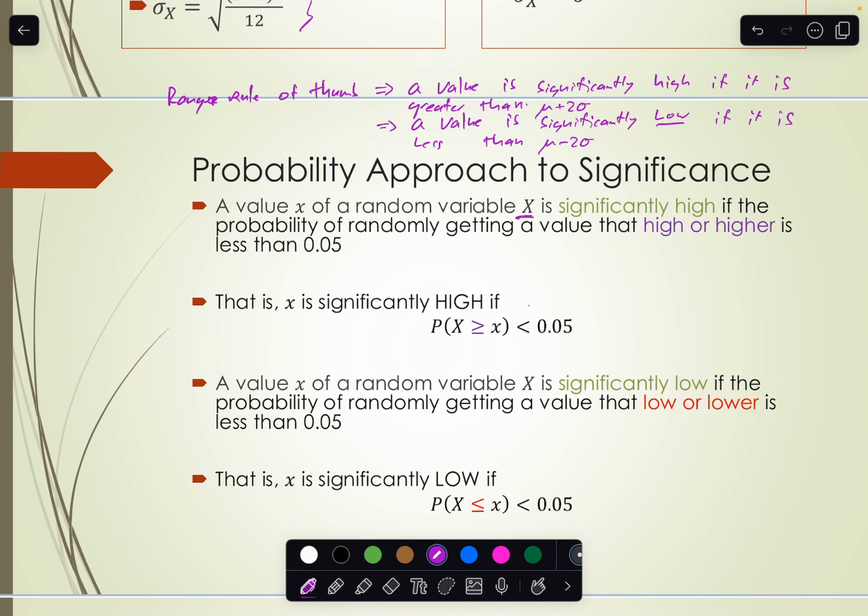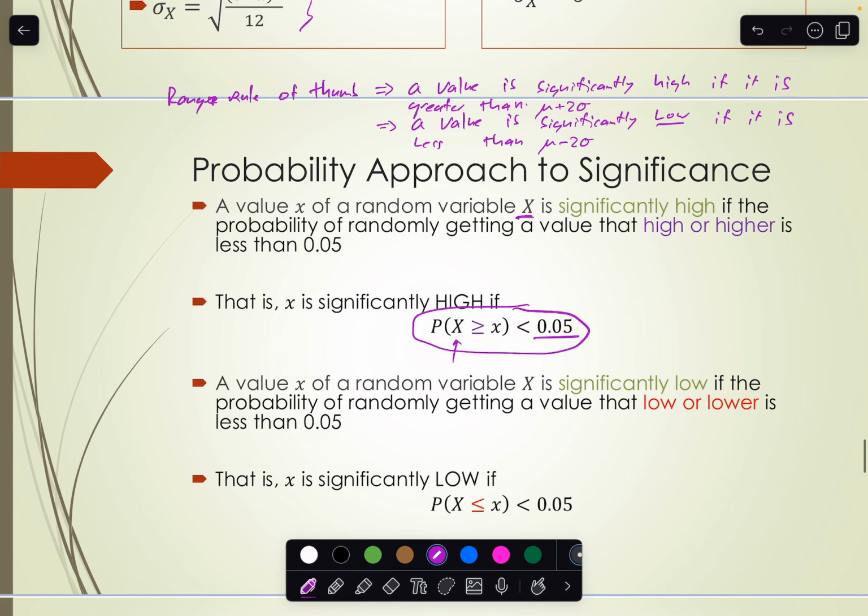And so that means that's this right here. The probability that x is bigger than or equal to little x, that value whose significance we're curious about, if that probability is less than 0.05, so if finding something higher than it is a rare event.